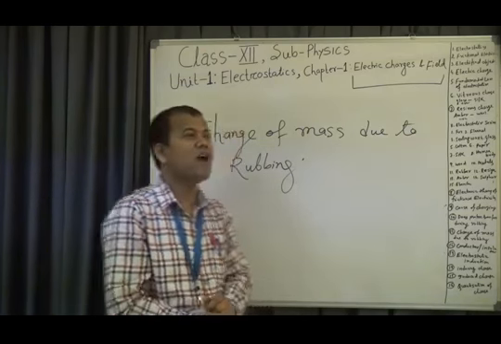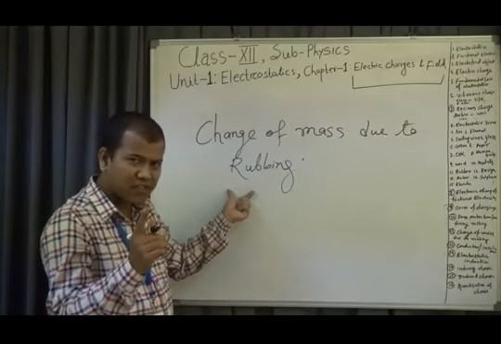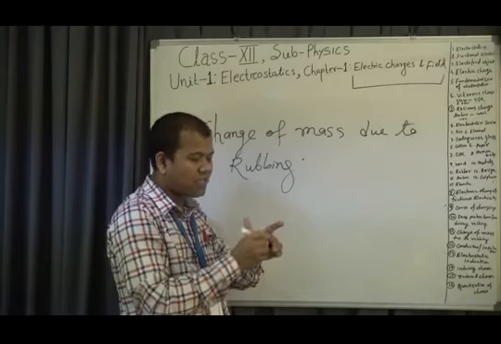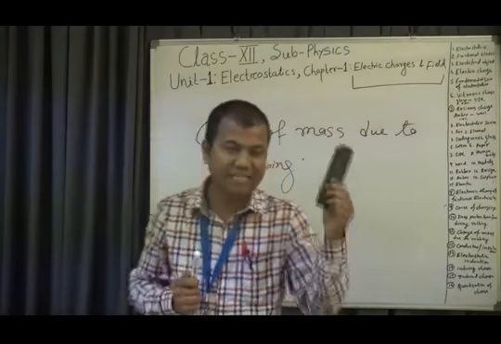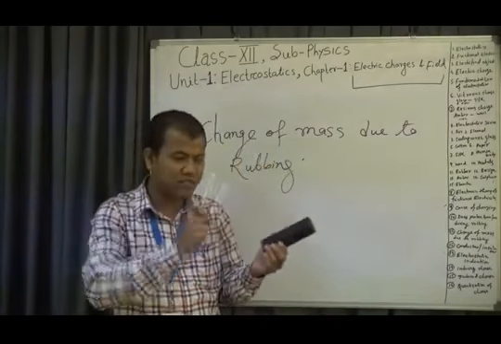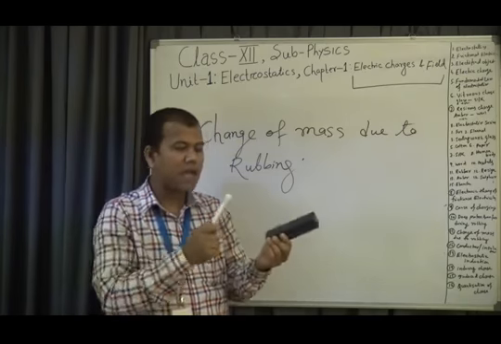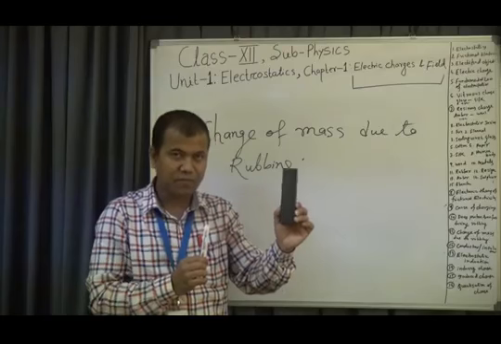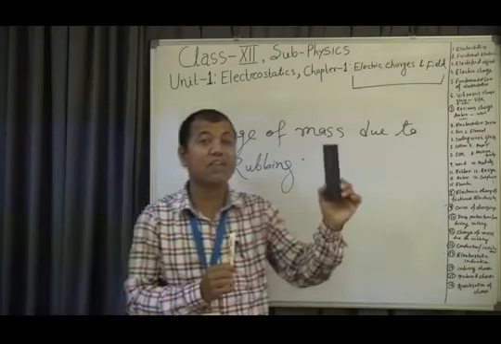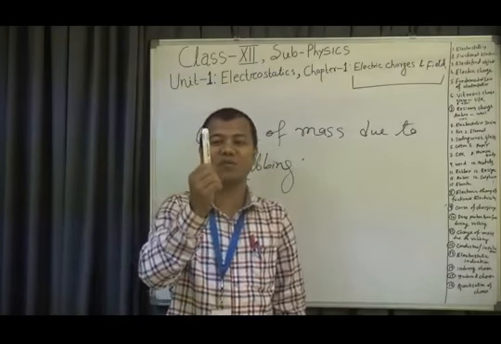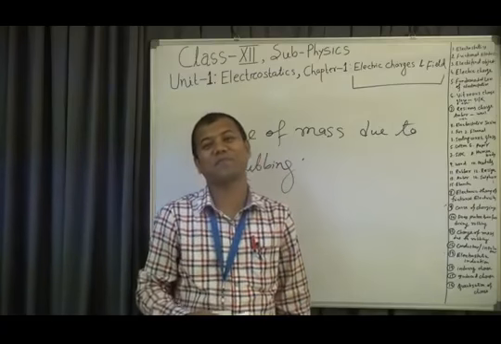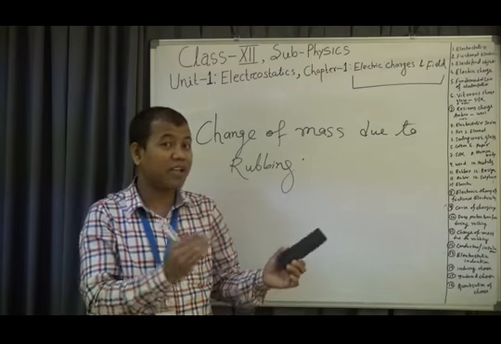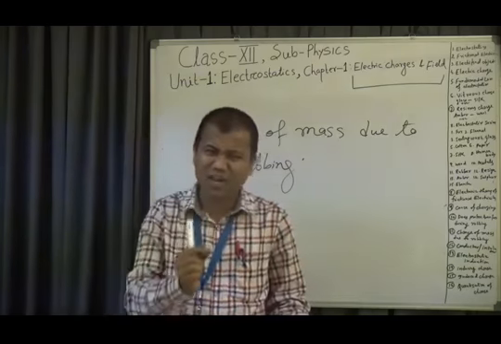Yes, obviously. I told that the electron has mass. So whenever an electron is transferred from one object to another, suppose this is an object and that is another object. You have rubbed this object with that object and electrons are transferred from this pen to this duster. So obviously the mass of the duster will be increased and the mass of the pen will be decreased. Maybe very, very little mass, about that of the electron, but there is mass, right?